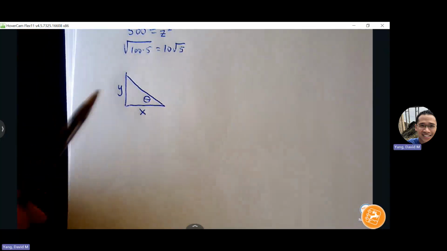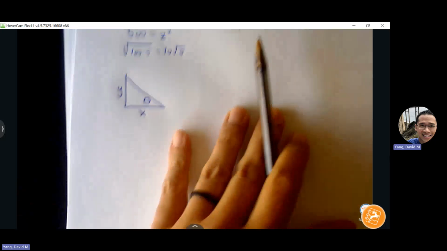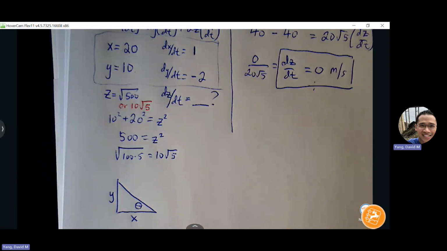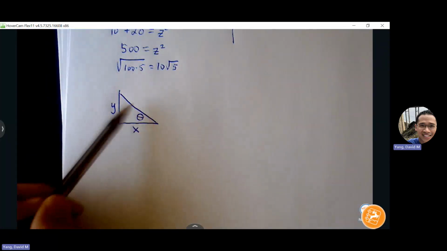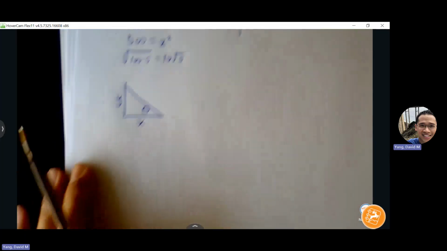Okay, so again, technically, we could use any of the trig functions. I'm going to use what is provided for us. And also, technically, there's no way around the quotient rule because there is no constant in this diagram, right? X is changing, Z is changing, Y is changing.